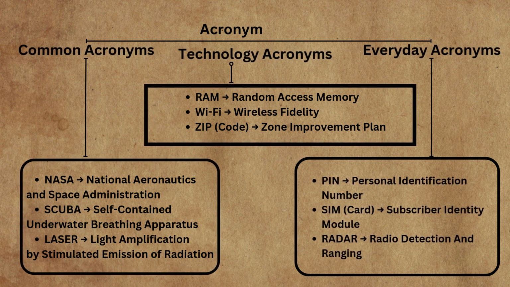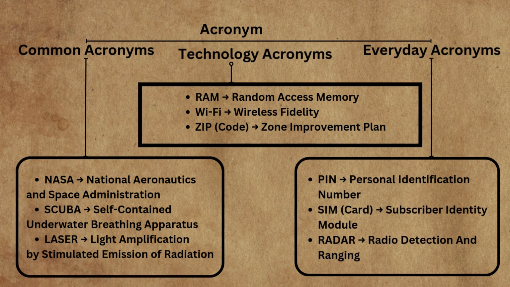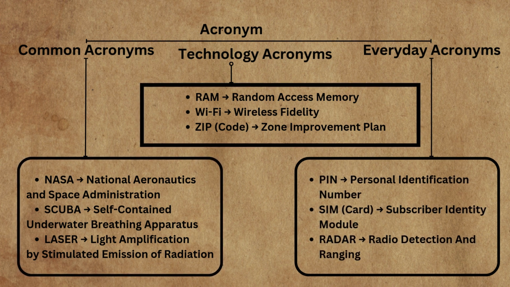Acronyms are further divided into three: common acronyms, technology acronyms, everyday acronyms. Here are a few examples of common acronyms: NASA, National Aeronautics and Space Administration; SCUBA, self contained underwater breathing apparatus; laser, light amplification by stimulated emission of radiation.